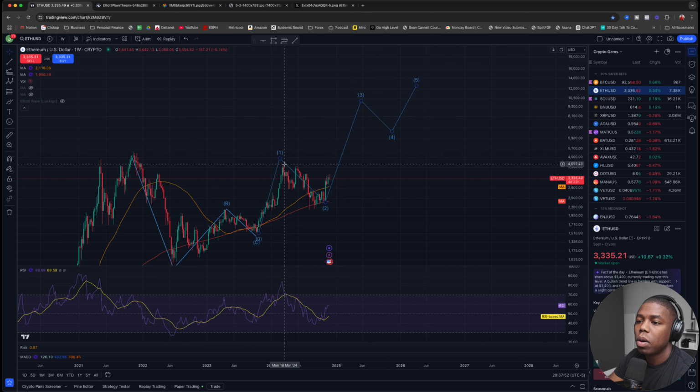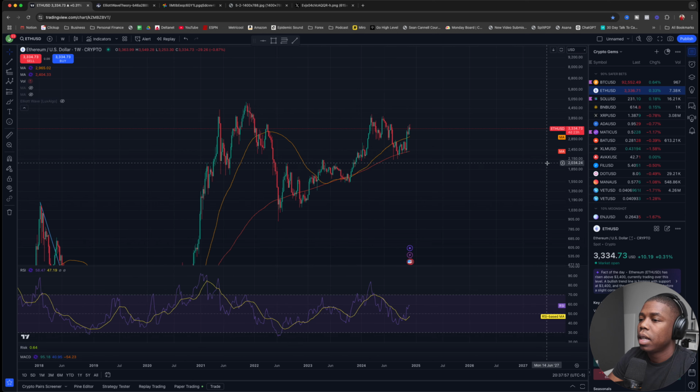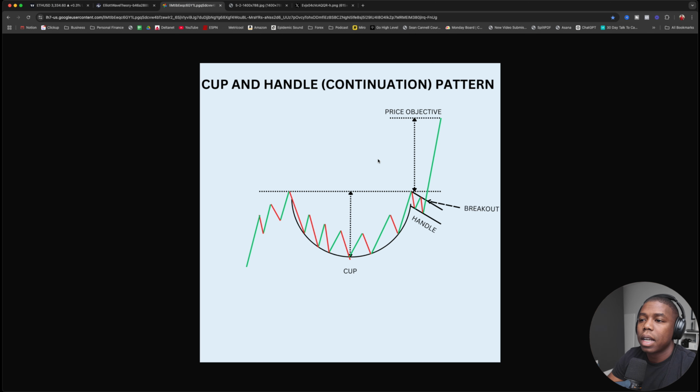So let's continue on with another pattern that I'm seeing on the chart, and that is the cup and handle pattern. And I've been talking about this pattern a lot on the channel just because I see multiple cryptos with this pattern playing out right now.